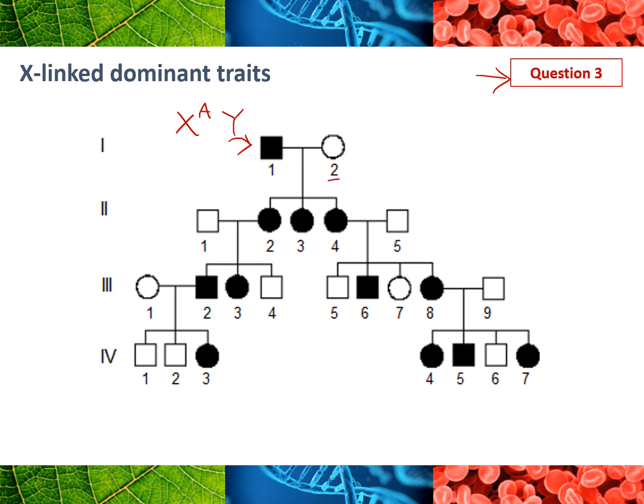If we just looked at this individual, we would know that they are recessive. So that person must be recessive. So recessive individuals, you could figure out what their genotype is. For the affected individuals, they could be homozygous dominant if they're females, or males will have to have that one dominant allele.